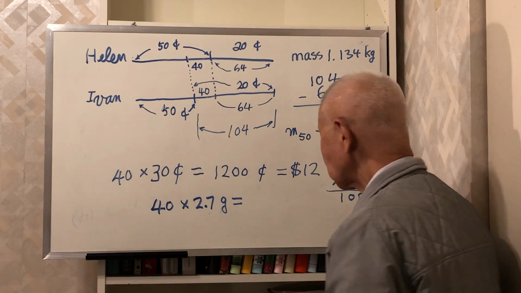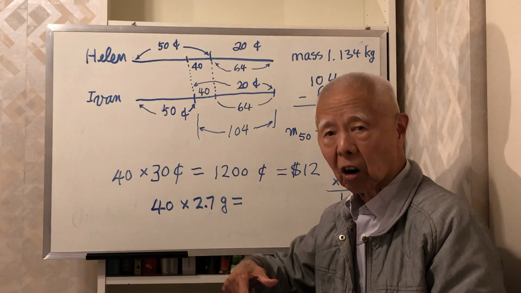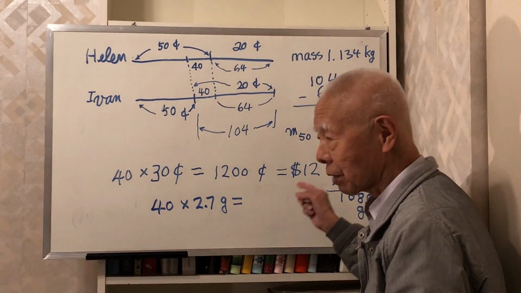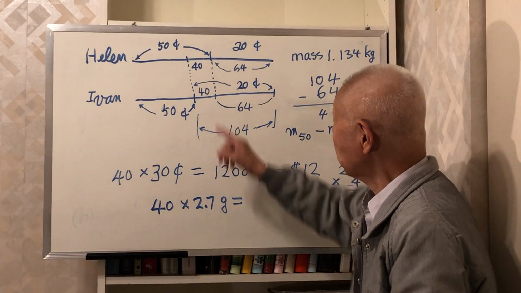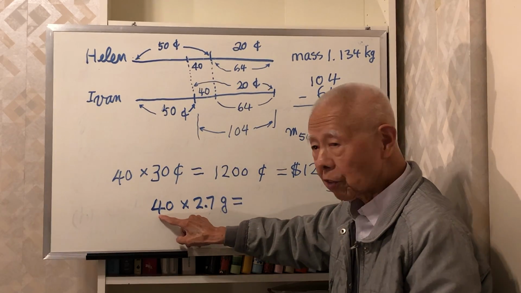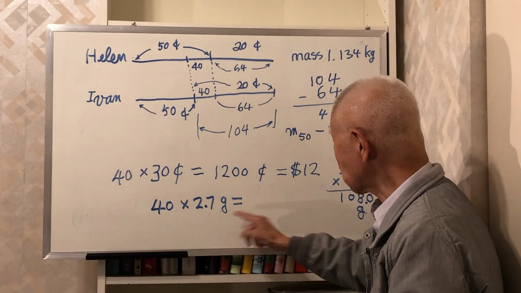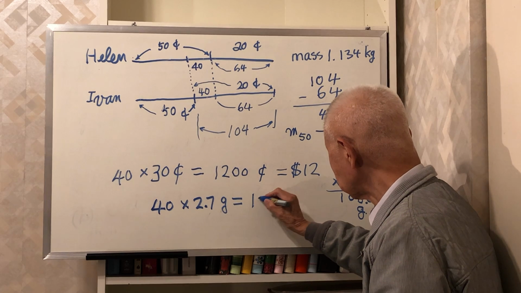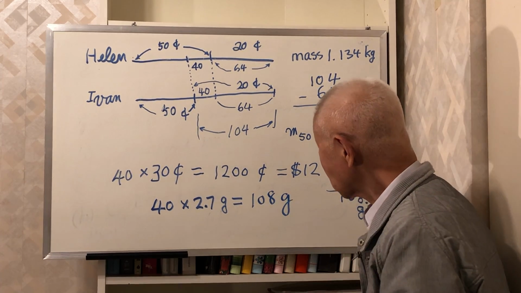108 grams. So let me repeat this. Compare coin to coin, the difference in mass is 2.7 grams. But I have 40 coins here and 40 coins here. So the difference in mass for 40 coins is this much, and the answer is 108 grams.